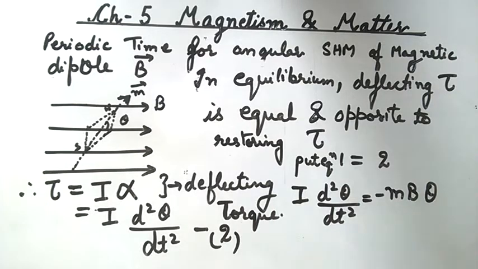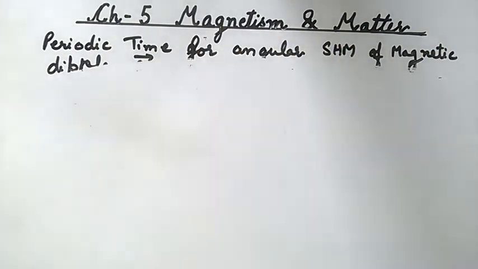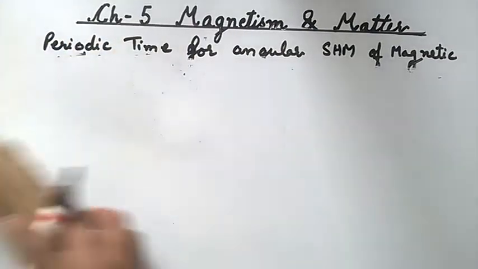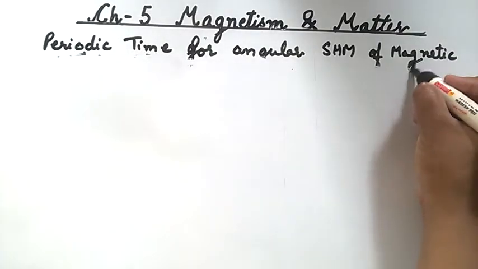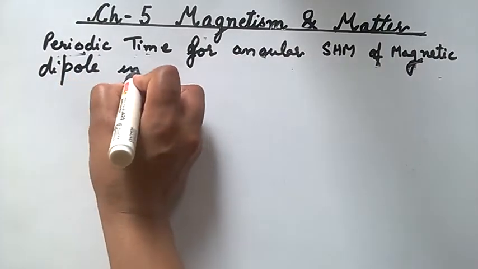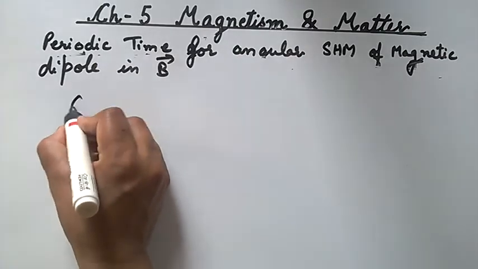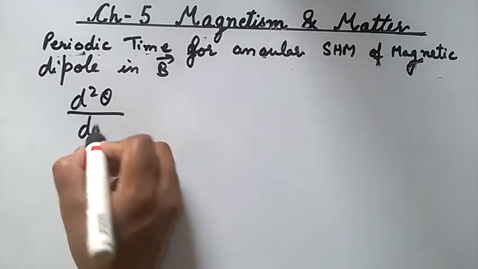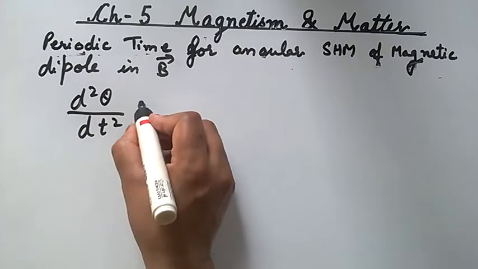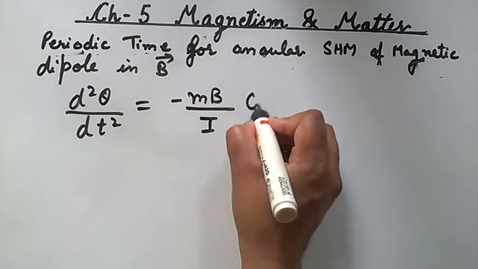Or we can write d square theta by dt square, in the form of a differential equation, equals minus MB by I into theta.